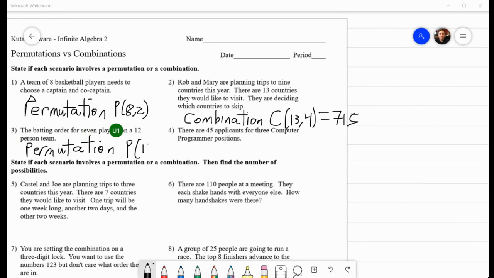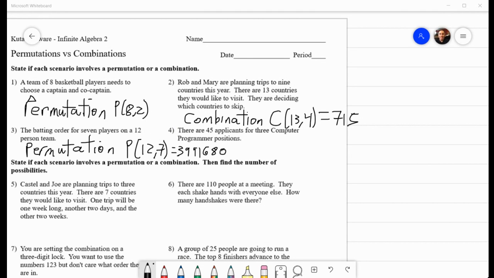So this one would be P of 12, 7. I know I didn't say to calculate it, but if you were to, it turns out to be 3,991,680. I just did that for fun.